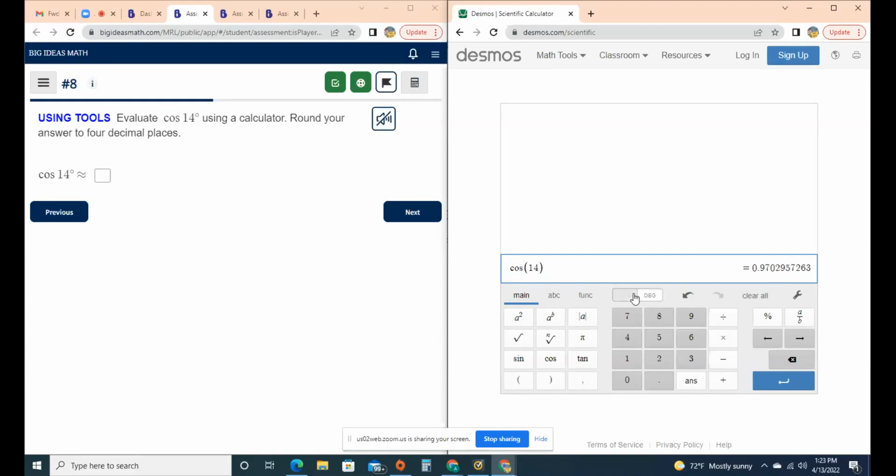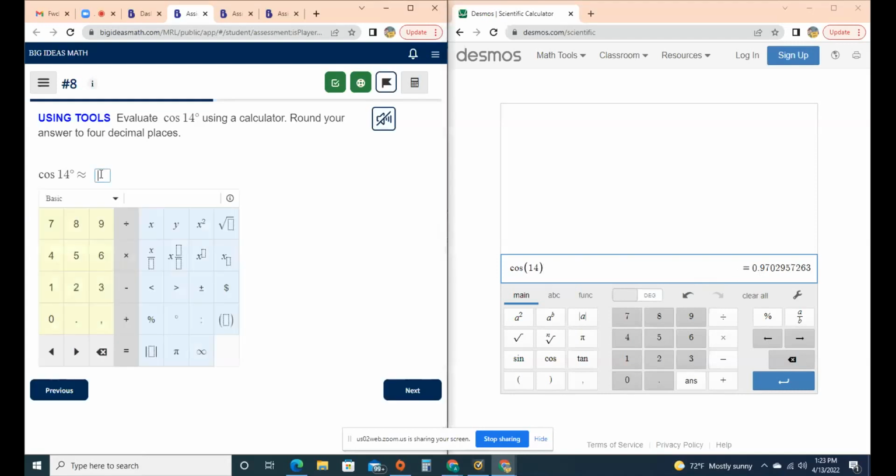What I don't know is which one is selected. Really, this one is degree. I guess you could answer it and see. Let me check on my side. I don't really like that layout they have. I got 0.9703. That looks good.